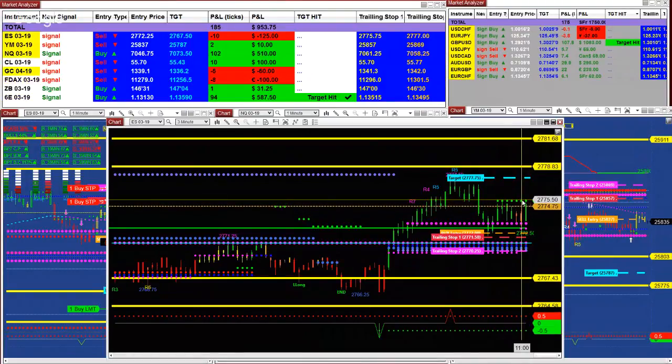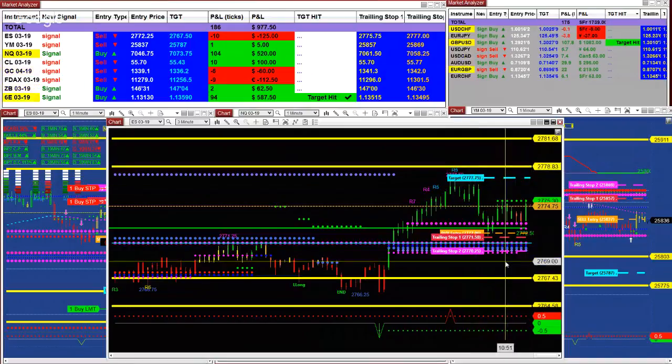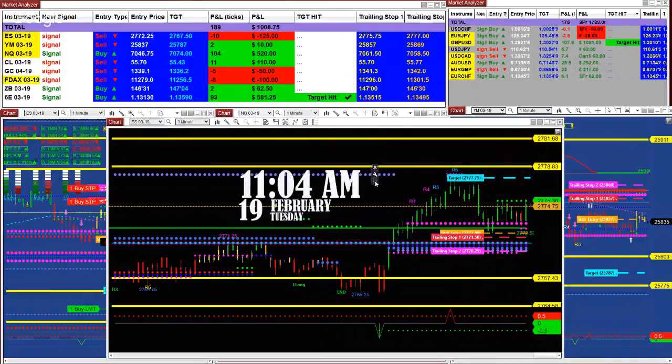This is the nightmare when you are auto trading. You made money on the way up, you made money on the way down, and right now it is 11:04, and most likely nothing is going to happen until after 12 o'clock, after lunchtime.